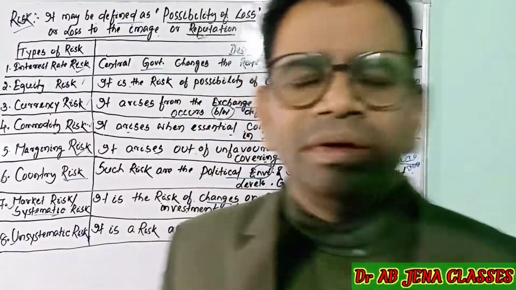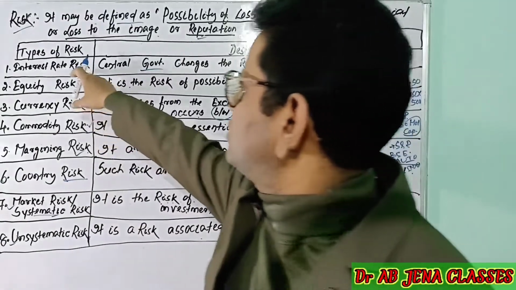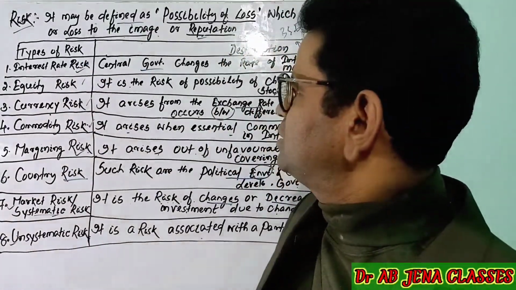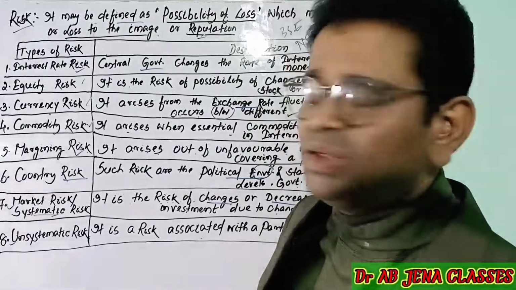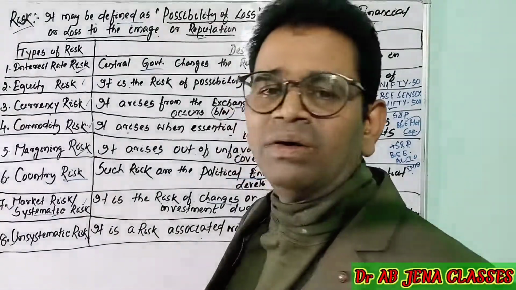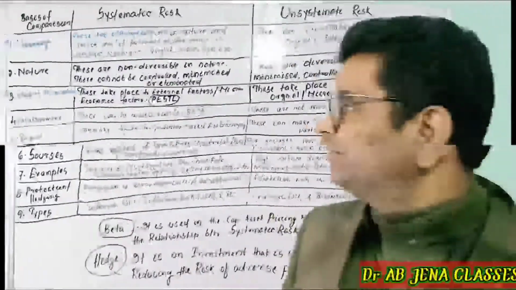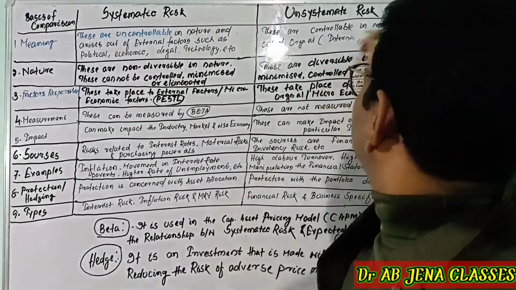In another video we will discuss in detail the causes of interest rate risk and other risks. Dear friends, now we will move towards the basic difference between systematic risks and unsystematic risks.